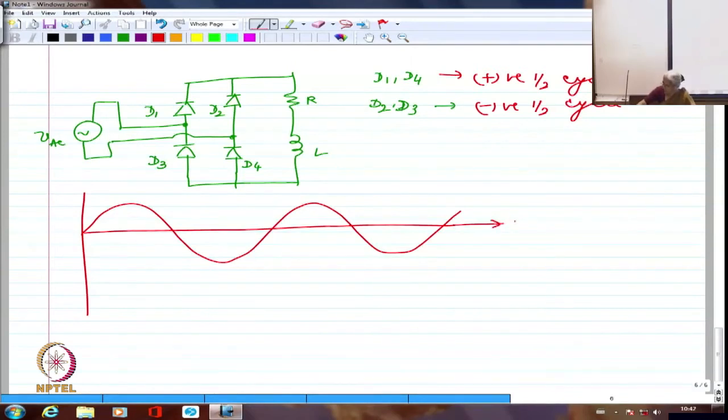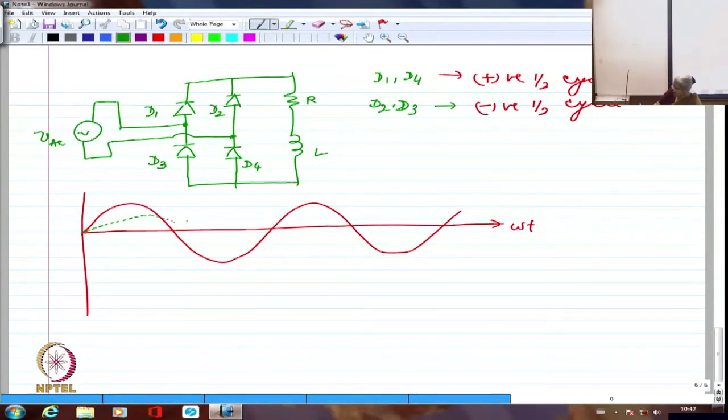The initial condition will be 0. So maybe the current would start flowing. It had reached some peak somewhere and then it would start declining.